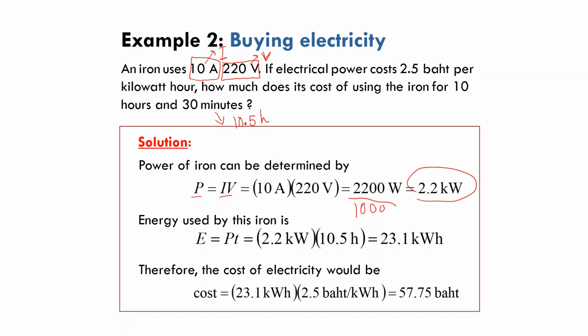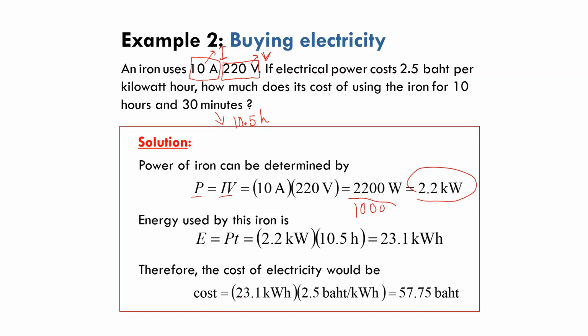After you get kilowatt, you have to find the energy that you use. The energy equals PT. P is 2.2 kilowatt, and T is time, which is 10.5 hours. We get the overall energy that we use, which is 23.1 kilowatt hours. After we get the energy, we can calculate the cost of electricity.